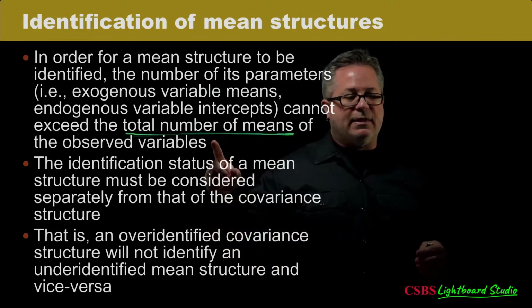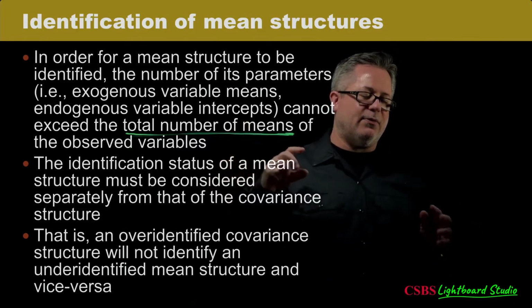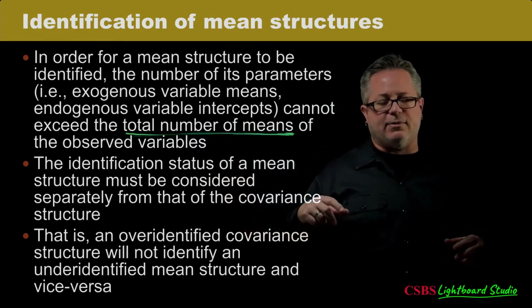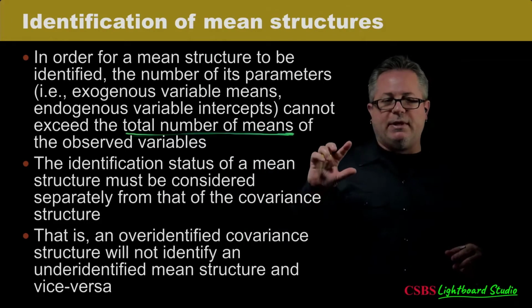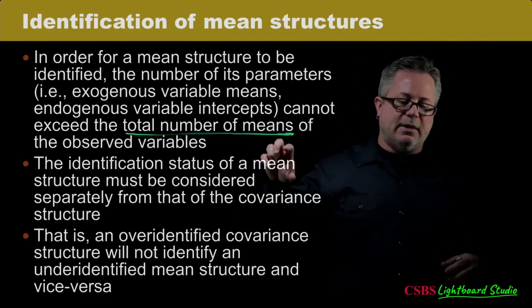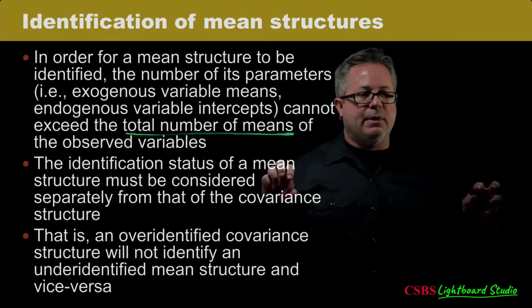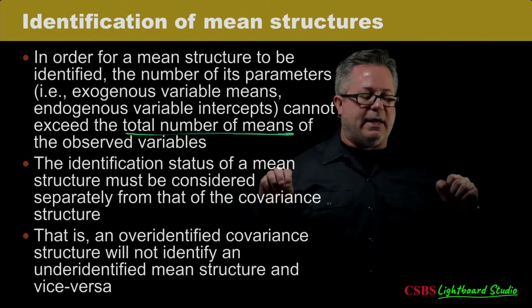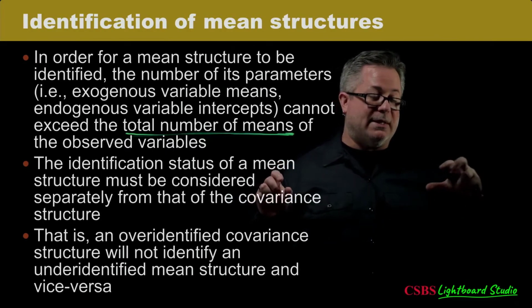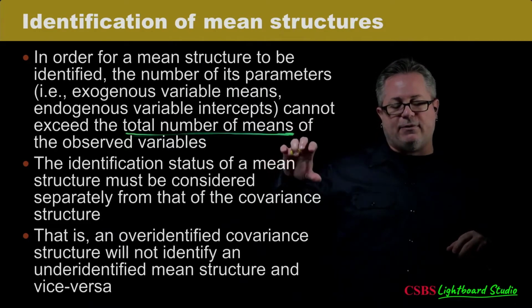So this means that instead of this P times P plus 3 sort of overall model fitting or identification issue, we really have to think about the number of means or means and intercepts we're estimating, and the number of variances and covariances we're estimating, sort of separately. So we need to be able to identify the model based on the variances and covariances, and at the same time based on the means we have available in the model.